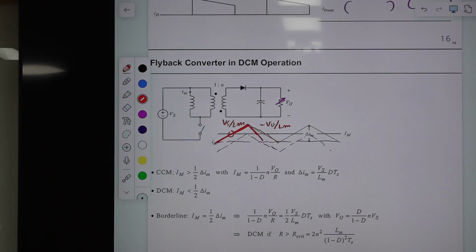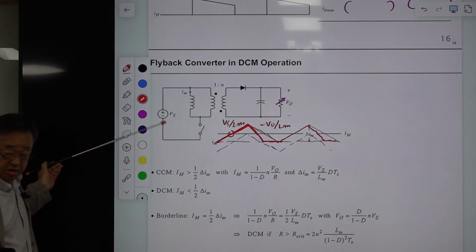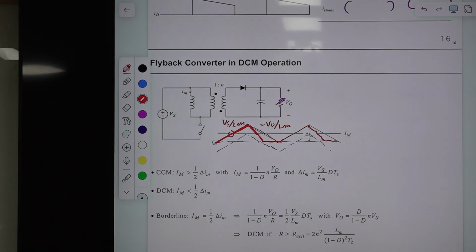And this is the diode current. Diode current hits 0, then the diode turns off, and after that, the diode remains off. Right? If you increase R further, this remains the same because the slope is always the same. This Vs is fixed, and if you further increase this, it looks like this. Okay? So this is the direction of larger R.